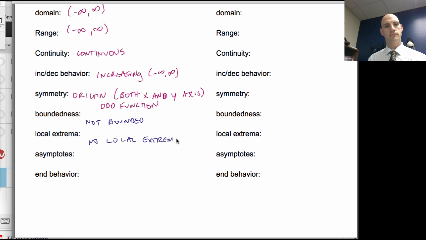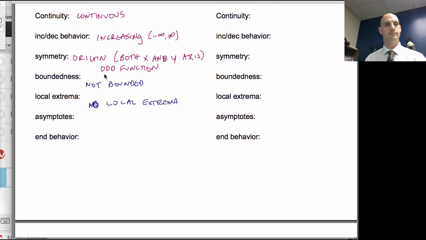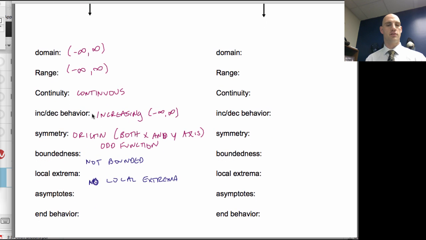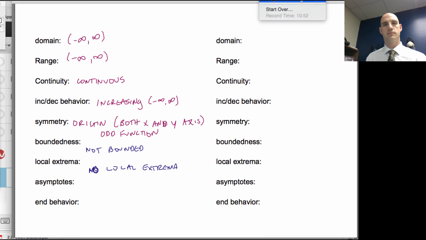So there's no local extrema here. And so we see because there's no turning points, there's no maxes or mins, that there's no extrema on this graph. As far as asymptotes are concerned, because there's no bounds, there's no breaks in the continuity, there are no asymptotes for this problem.